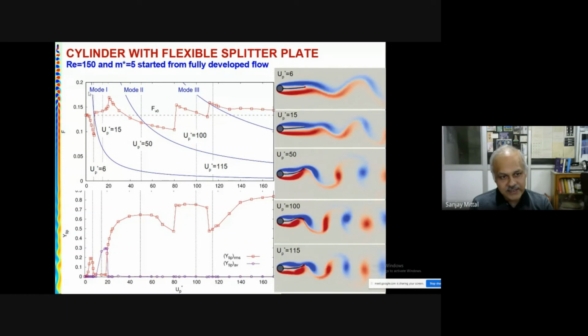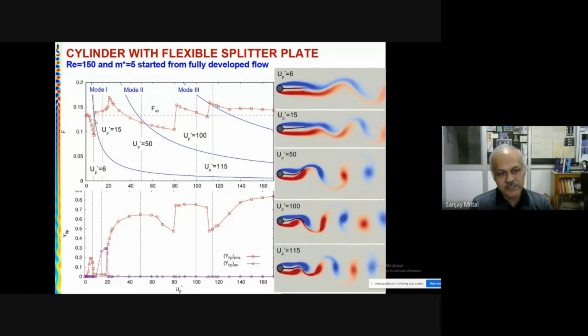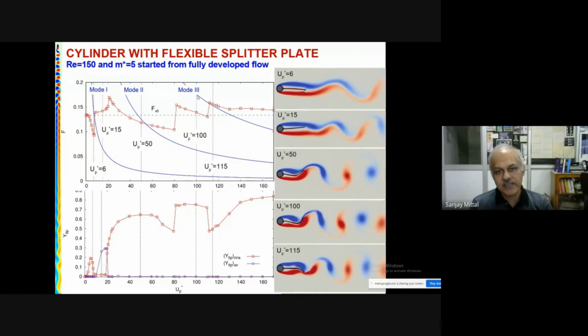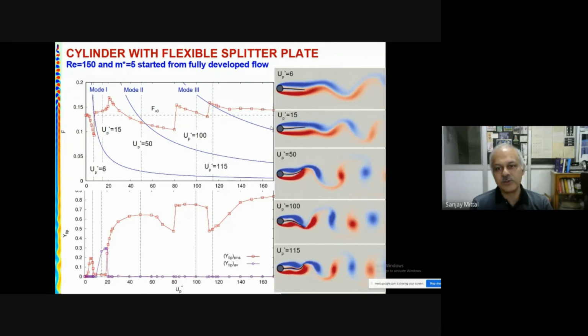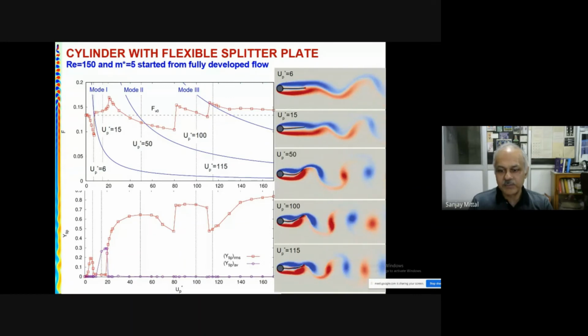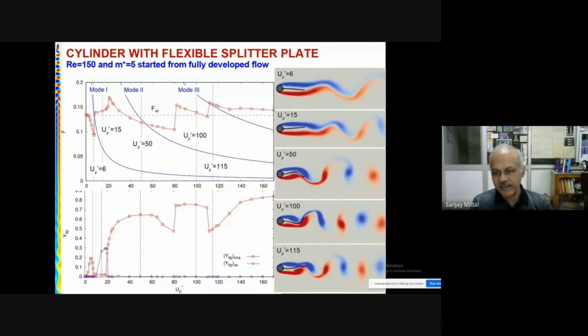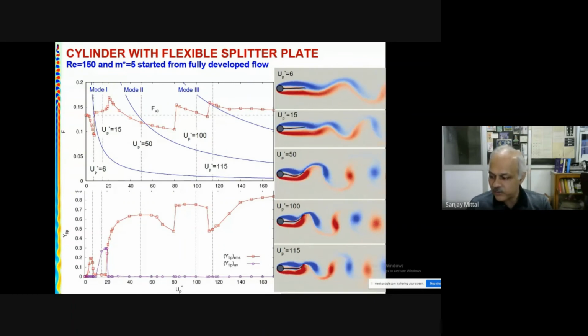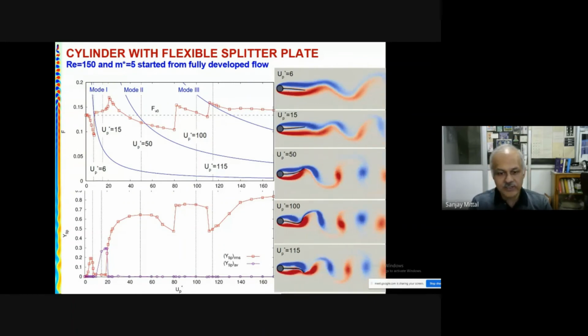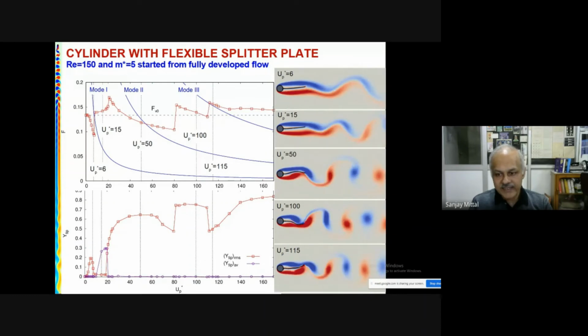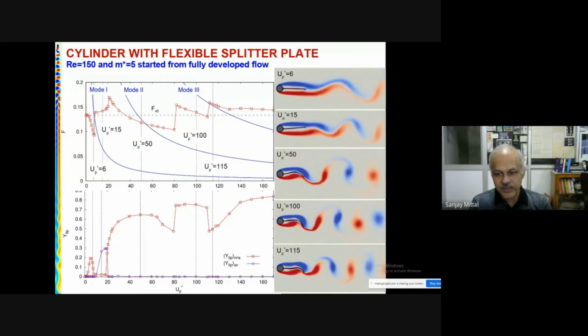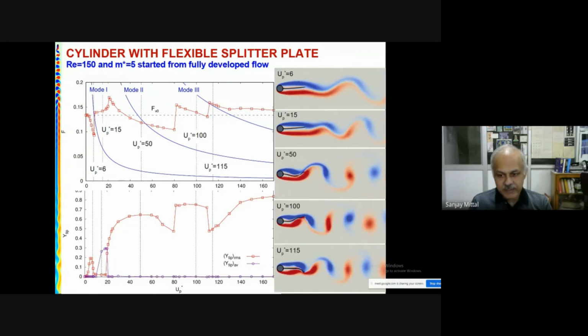You can see the first mode clearly, the frequency is close to the first mode, then the second mode, and then the third mode, and the flow changes accordingly. I will not have time to go into the details of the flow, but Furkan has written this up, and if you are interested, you can read that paper, and he's explained that quite well.